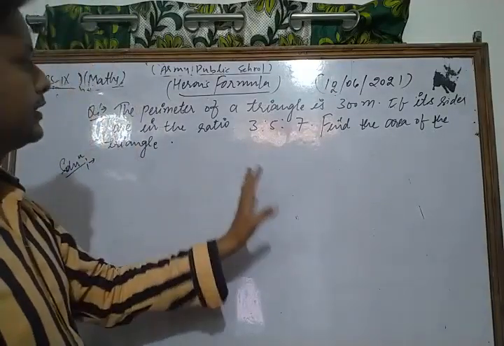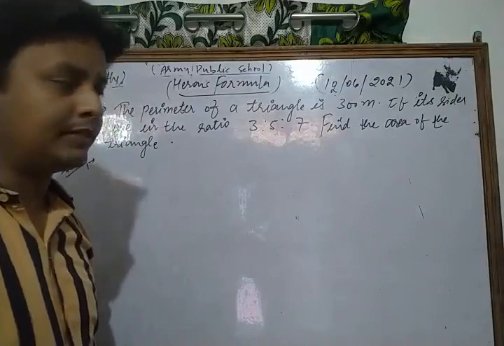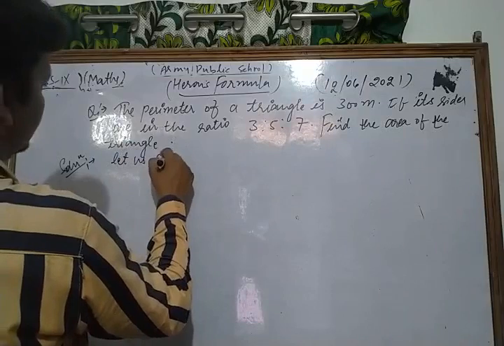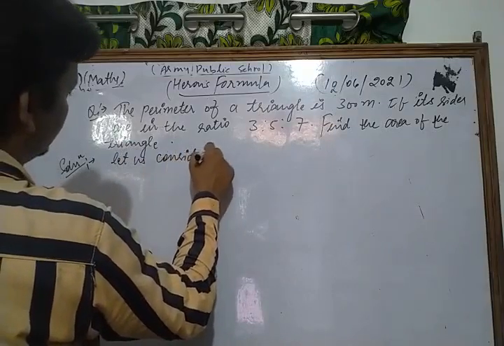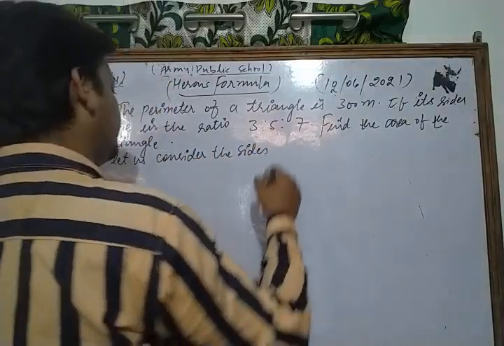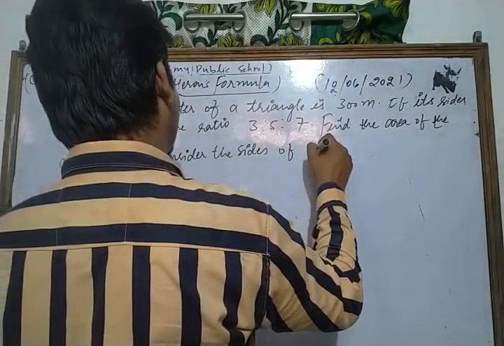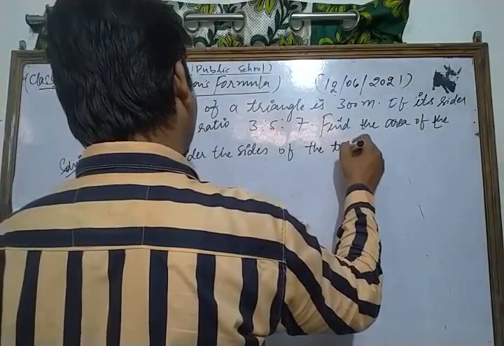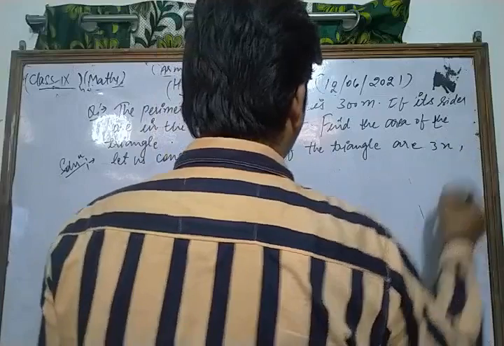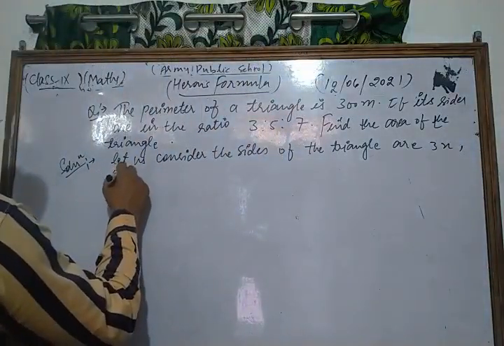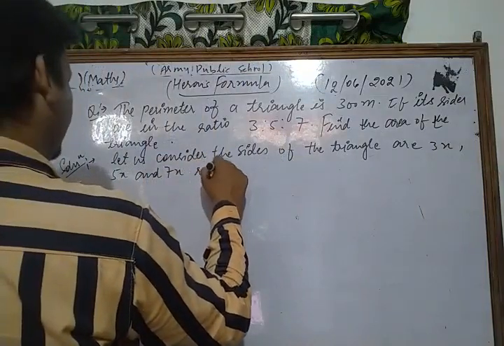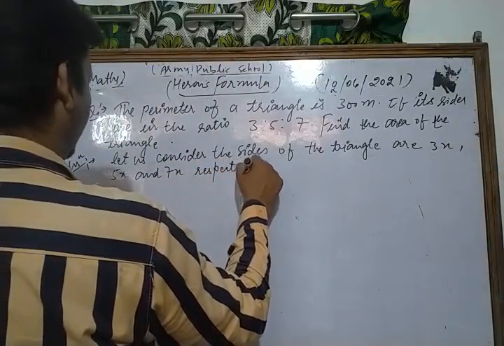Since its sides are given in a ratio, let us consider the sides of the triangle are 3x, 5x and 7x respectively.